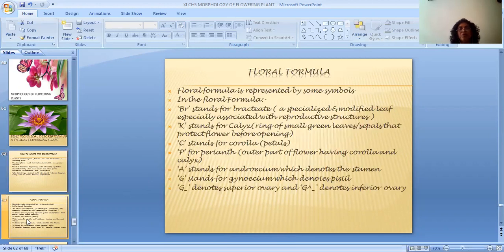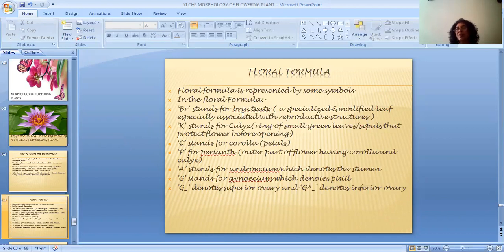Now, what is a floral formula? A floral formula is where the whole flower is represented by some symbols. On seeing a floral formula, you can describe the flower. The symbols used in the floral formula are like Br for bracteate. Children, you all must be knowing what is a bract.